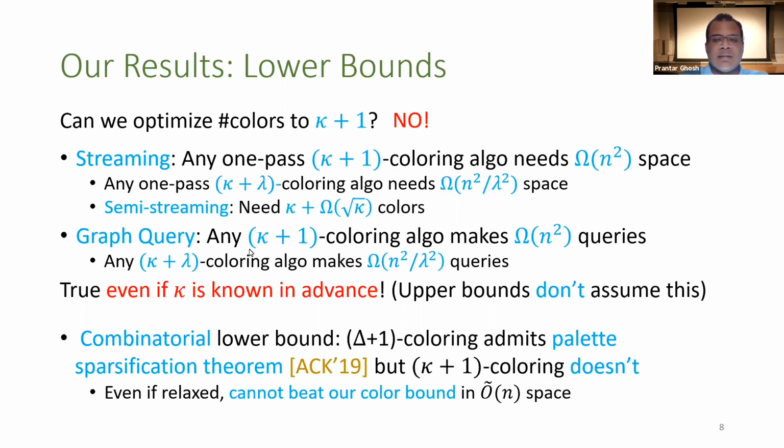We show that the analogous statement doesn't hold for a palette of size kappa plus 1. And even if we relax the theorem to include more colors in the palette, we cannot get a degeneracy-based coloring in semi-streaming space that uses fewer colors than what we do.